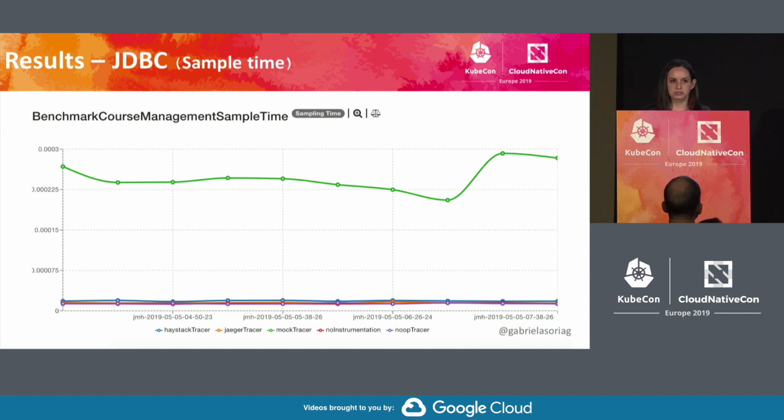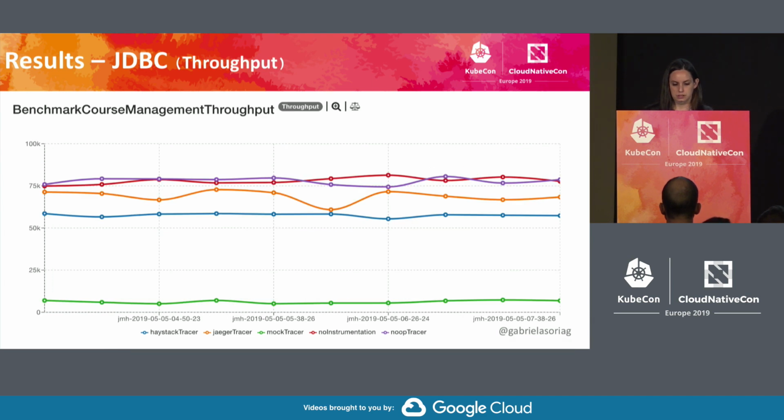And the test measured the process of getting the list of all the courses in a non-instrumented scenario and instrumented with different tracers. And the sample time here increases 13%, and the throughput decreases around 8%.